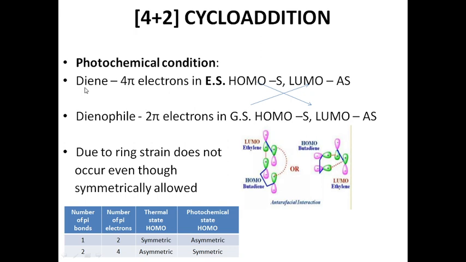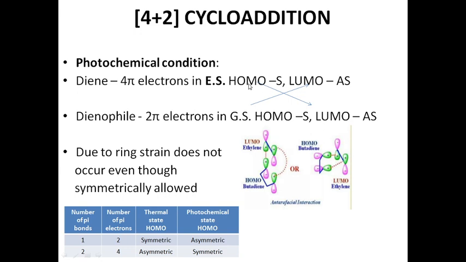So diene, which donates the electrons, gets excited. Consequently, HOMO becomes symmetric and LUMO becomes asymmetric. Whereas dienophile remains in its ground state with HOMO being symmetric and LUMO being asymmetric.